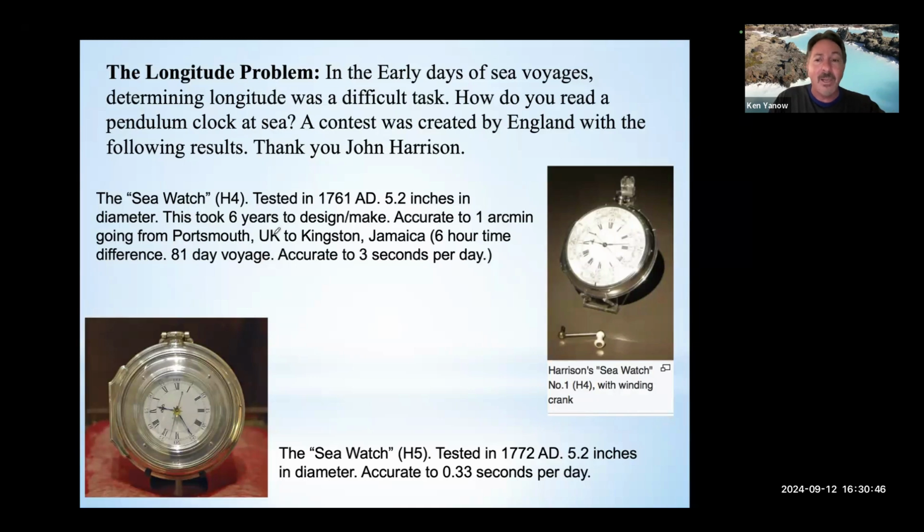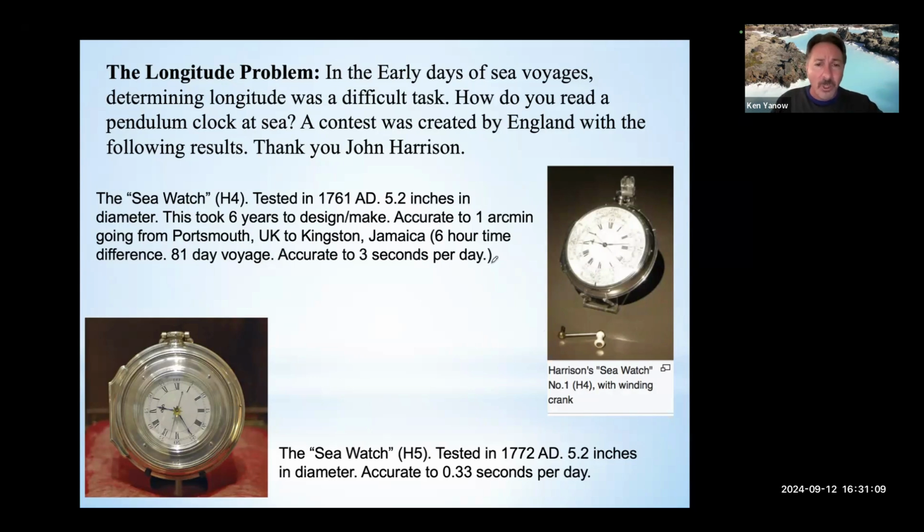As a matter of fact, this is Harrison's Sea Watch number 1 with a winding crank. This thing is 5.2 inches in diameter, so it's pretty big. Took him about 6 years to design and make, and it's accurate to about 1 arc minute, which we know what an arc minute is. It's about 1.15 nautical miles.